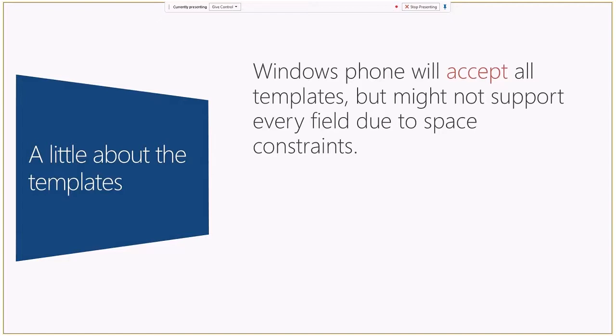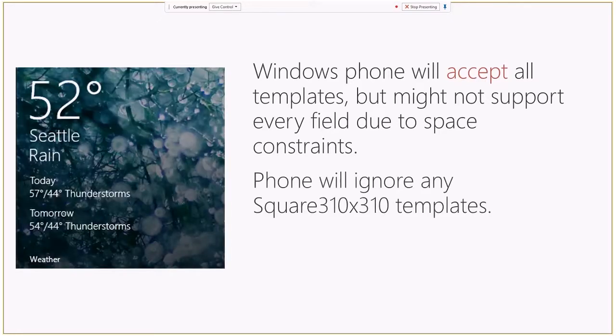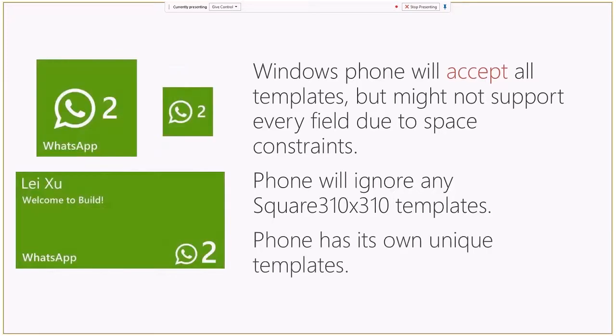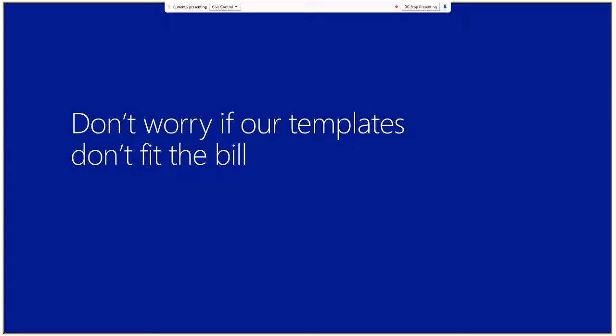You're not guaranteed to have all fields displayed because of the space difference. And if you try to show the large template, it will just be ignored because that format doesn't make sense on the phone. It's really too big. On the other hand, the phone has its own templates, so you have some specific templates that you can make use of. So it's pretty cool. Good to know.